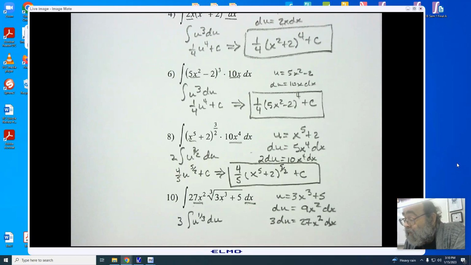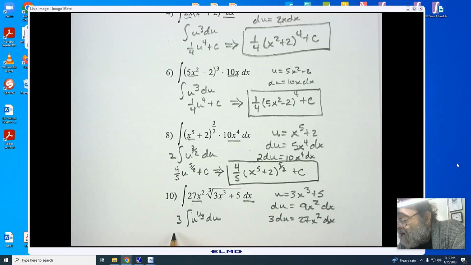This is going to give me 4/3. That's going to give me 9/4 u to the 4/3 power plus c, and I back substitute. 9/4, 3x cubed plus 5 to the power of 4/3 plus c.